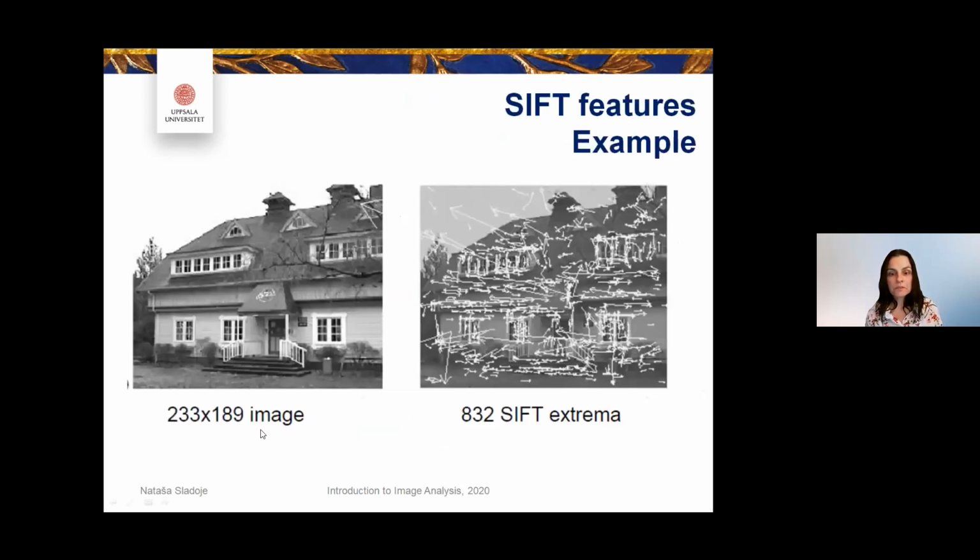Finally, this is an example of detected SIFT features in an image. Here we see that when SIFT features are detected, each of them comes with information about principal direction and also different scale, which is encoded by the magnitude of these vectors. There are different ways of showing SIFT features.